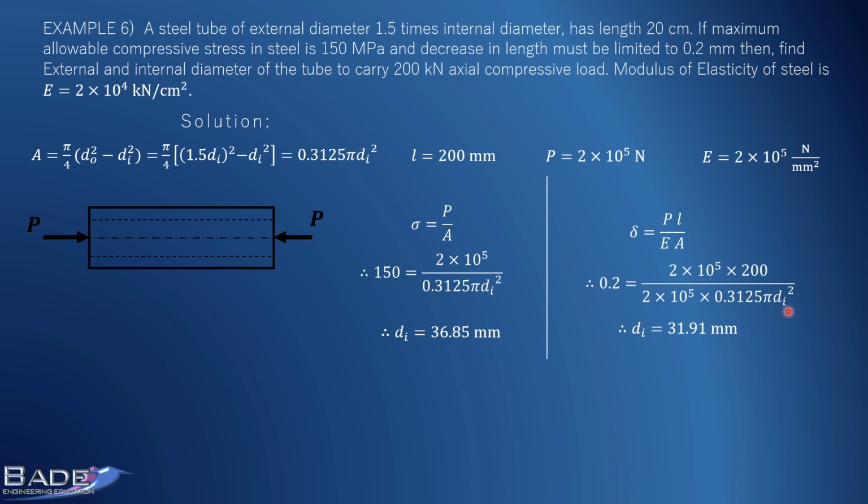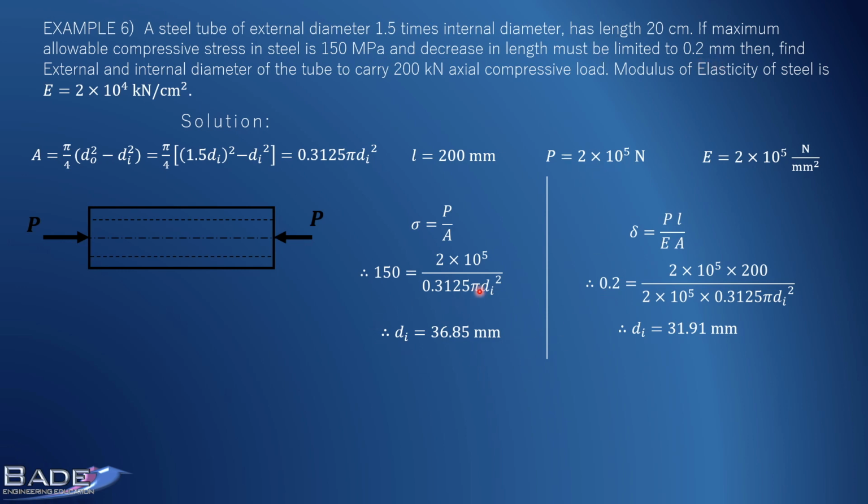Now if you use internal diameter 36.85, then try to understand. Here this D, when you put 36.85 here, denominator will increase. If denominator increases, this value will decrease. So of course it is allowed. Less than 0.2 millimeters, it is safe. More than 0.2 millimeters deformation is not allowed.